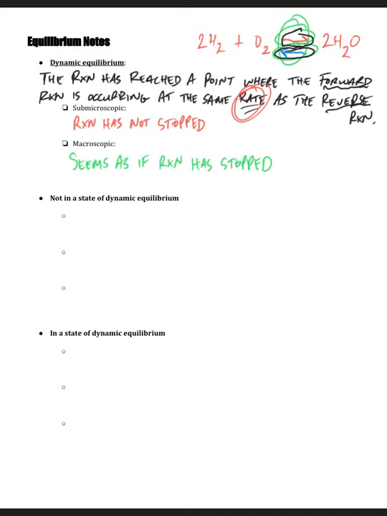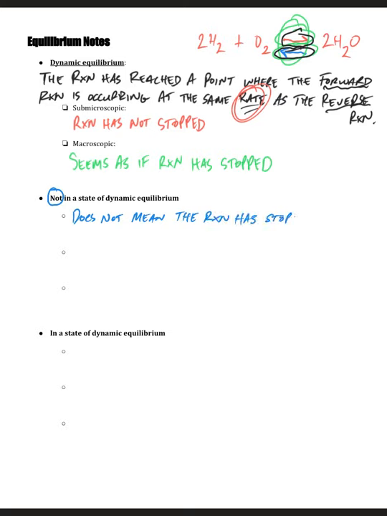Okay, so now let's talk about common misconceptions that students have of a dynamic equilibrium. So everything we're going to talk about here are not characteristics of something that is at dynamic equilibrium. So misconception number one: dynamic equilibrium does not mean the reaction has stopped.